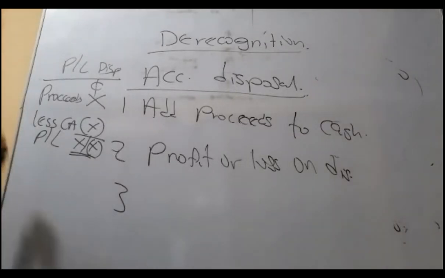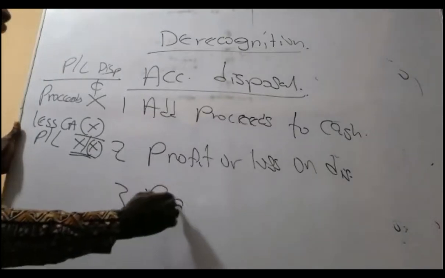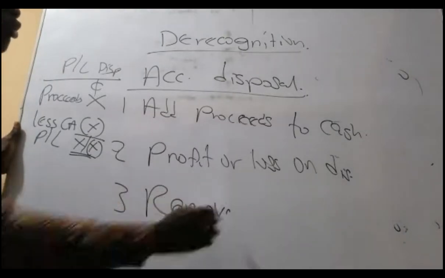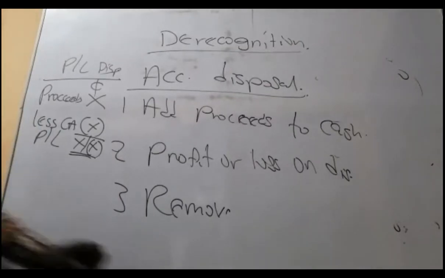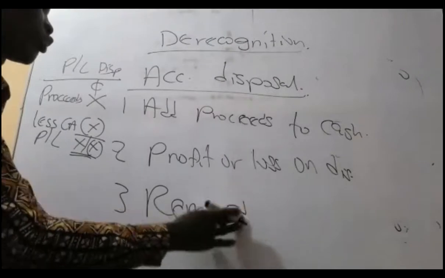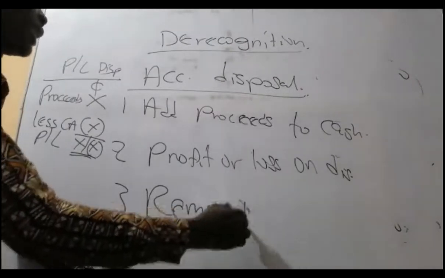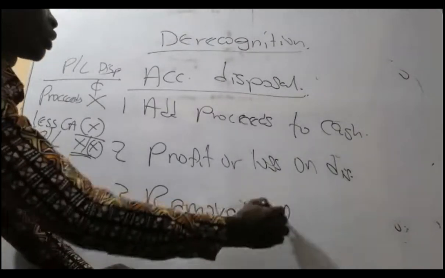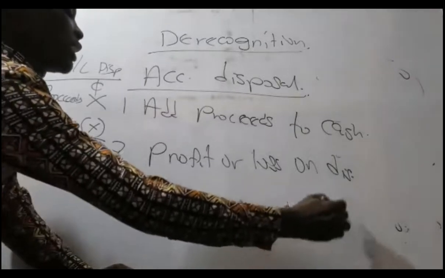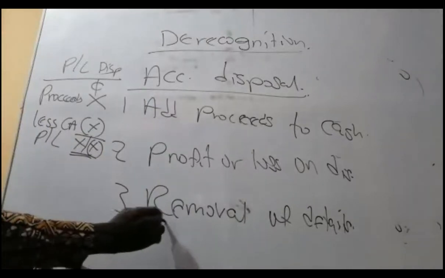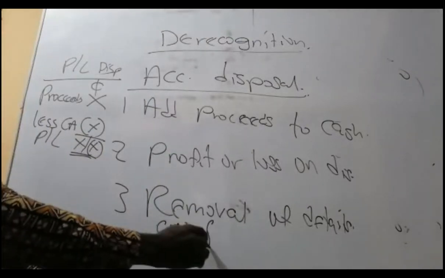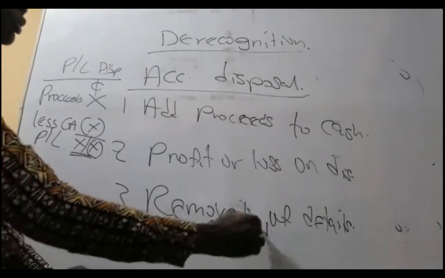Then the third one, I normally call it do the thing. What do you mean by the thing? That's to do the removal. That means the details of the asset must be removed from the books, must be cancelled, must be released, must be derecognised. You have to pass another entry. So removal of the details of the asset. In fact, I mean only two items: the cost of the asset, and the accumulated depreciation.